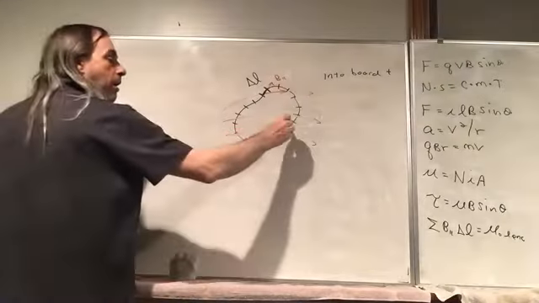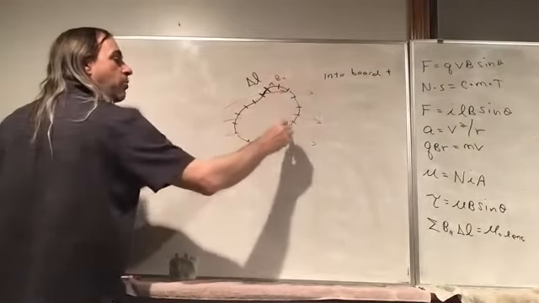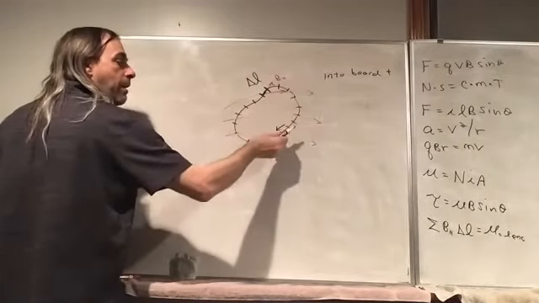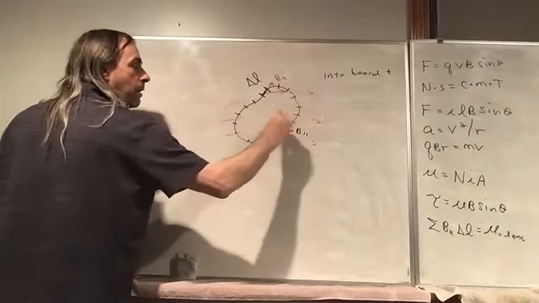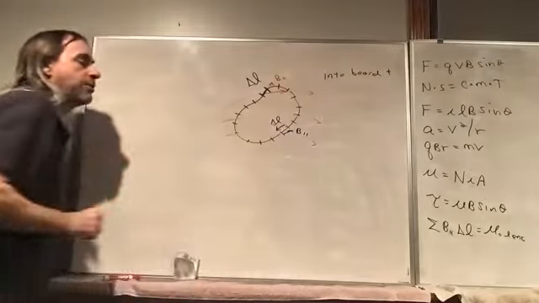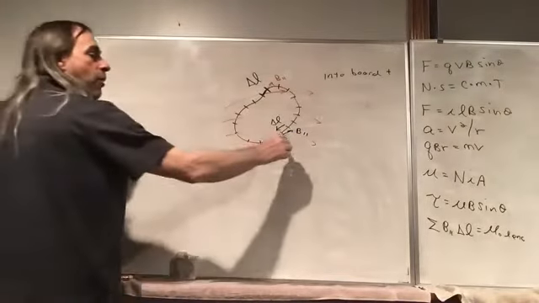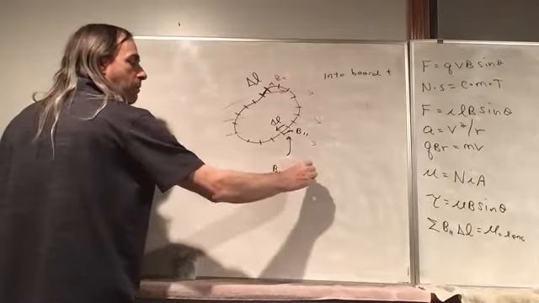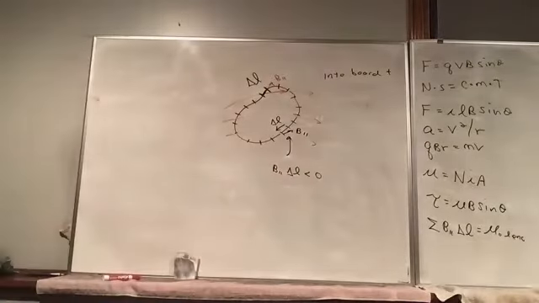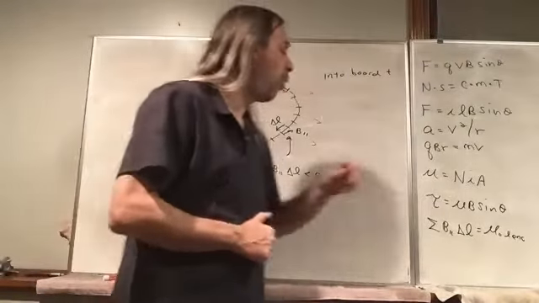But over here, you're tracing this clockwise. So here you have a magnetic field going to the right, but delta L is going to the left. So for this segment here, B parallel delta L would be negative. So these terms here could be either positive or negative.